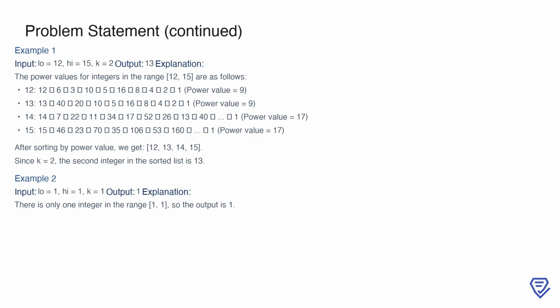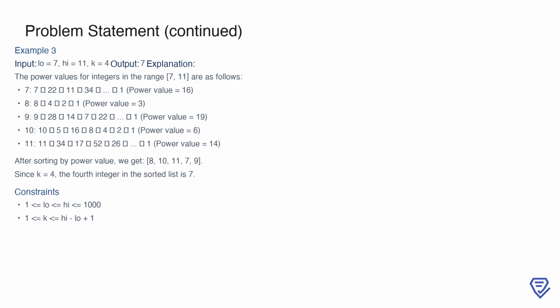After sorting these integers by their power values, we get the list 12, 13, 14, 15. Since k is 2, we return the second integer in this sorted list, which is 13. This example highlights how power values are calculated, how sorting is performed, and how the kth integer is selected.